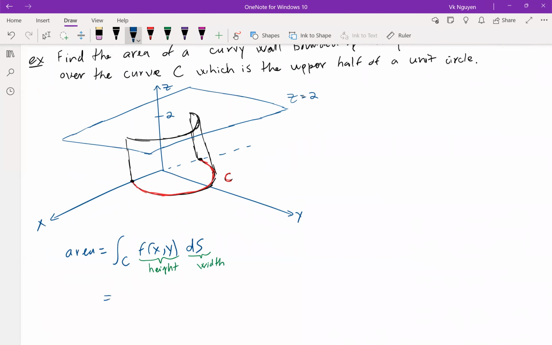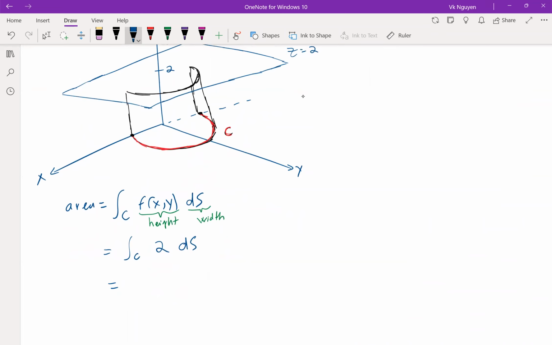The height here is 2, right? And then the width is just, look at this thing here, C ds. So this is exactly 2 times the integral of ds. So what is this? This is the arc length of the curve C.